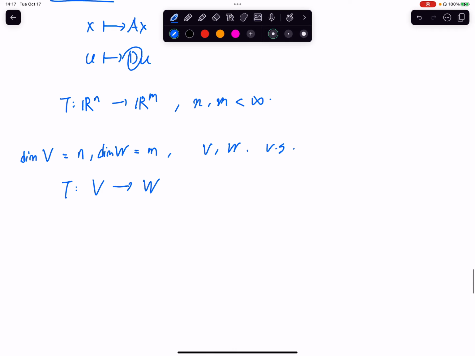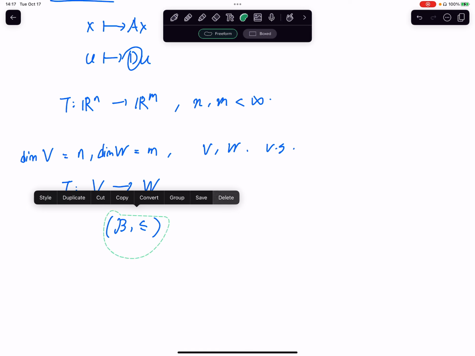To associate a matrix with T, we can choose ordered bases.